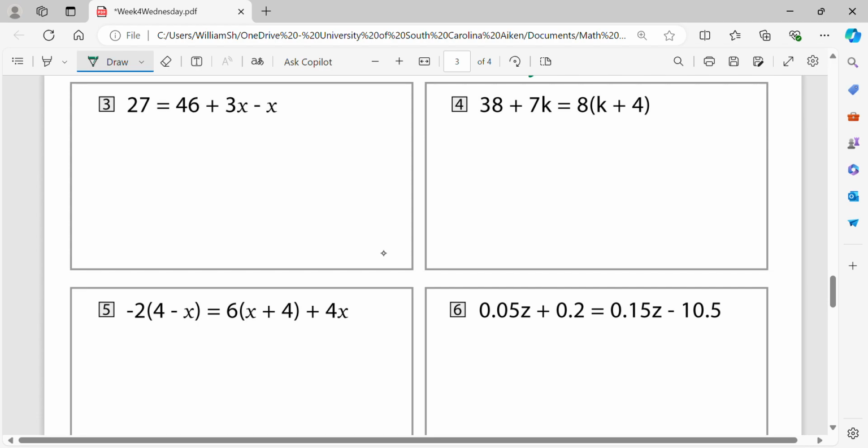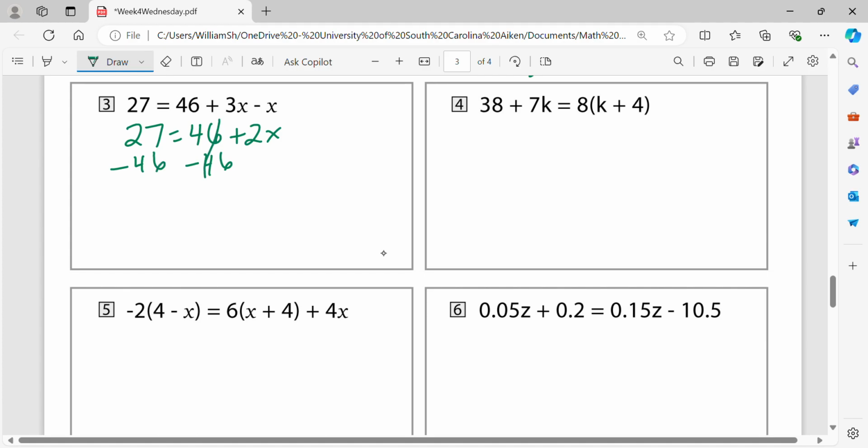Obviously can't simplify that left-hand side, but I can simplify that right-hand side before I start making changes here. So I have 27 equals 46, now I have a plus 3x minus x, which should simplify down to a 2x. I still want to get this x by itself, so I'm subtracting 46 from both sides. Obviously that cancels itself out here.